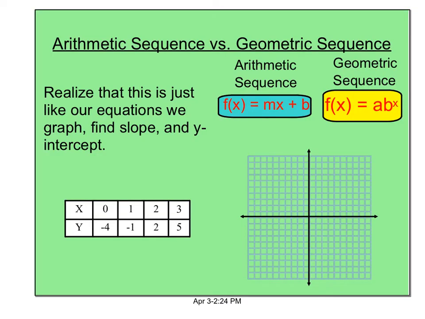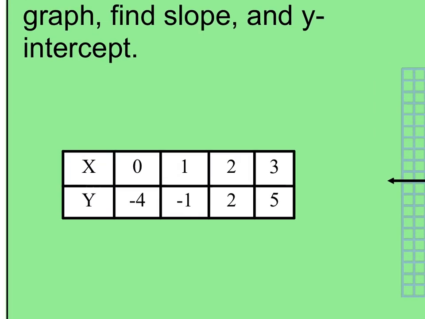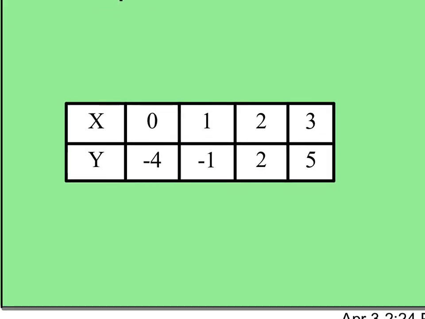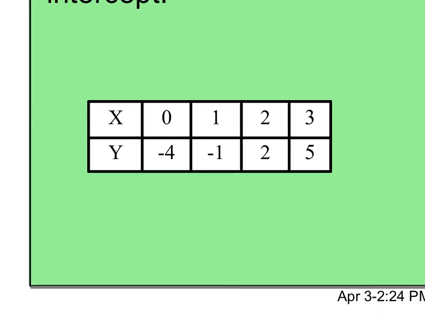Another way to see this connection, how the sequences we're working on imply the linears, is I've got, just like something we've graphed in the past, a table here with some ordered pairs. And if I was looking at this like a sequence, let's say it was a problem that just had these numbers down below, and I was looking for a pattern, I could say, oh, look, it's going up by 3, up by 3, up by 3 each time.